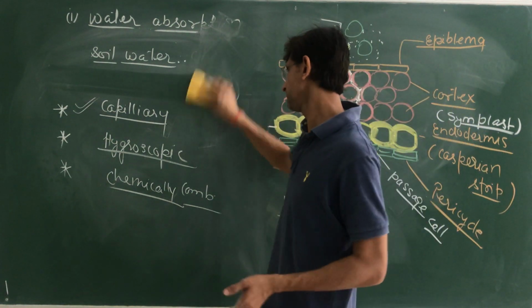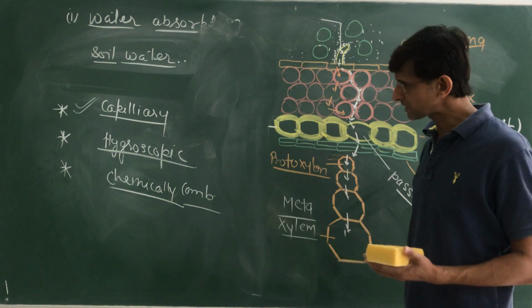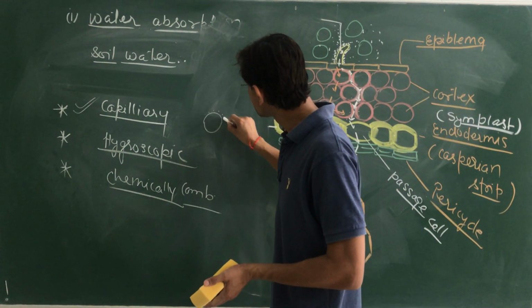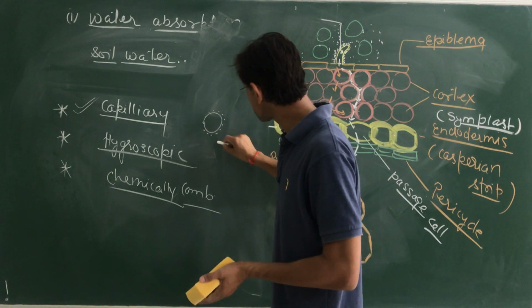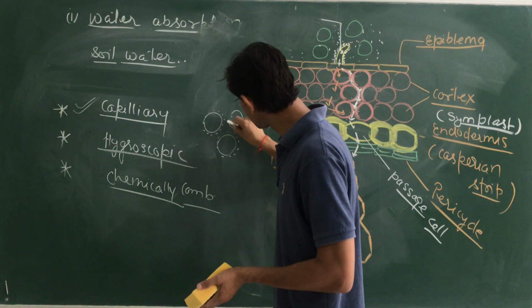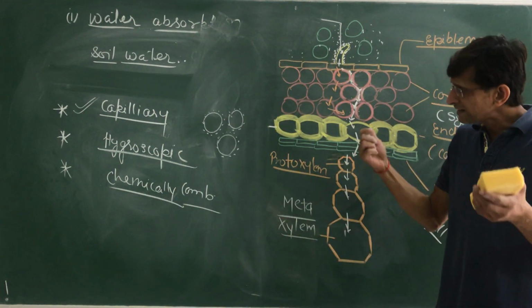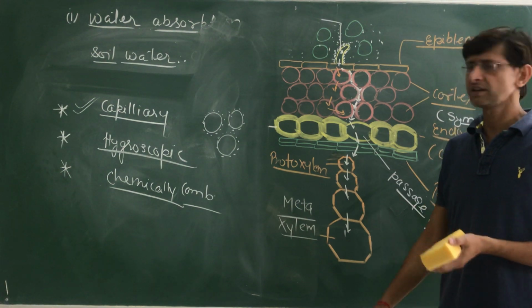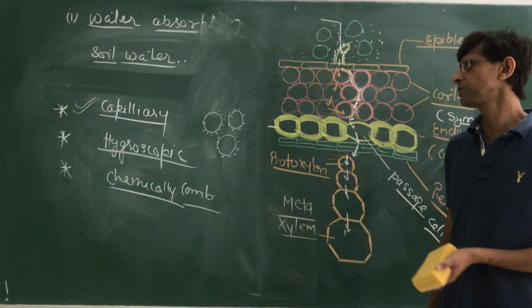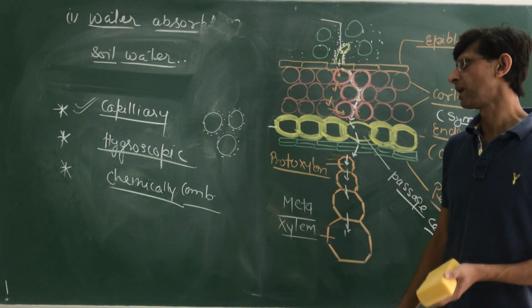Okay. Next is hygroscopic water. Hygroscopic water is actually the water which is bound around the soil particle by the process of imbibition. This is moisture which is bound around the soil particle. So this water is tightly held over the soil particle surfaces, so plant roots cannot receive it. So hygroscopic water is not available for most of the plants.